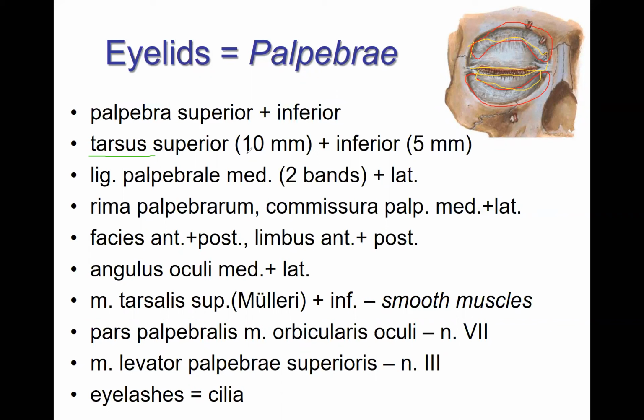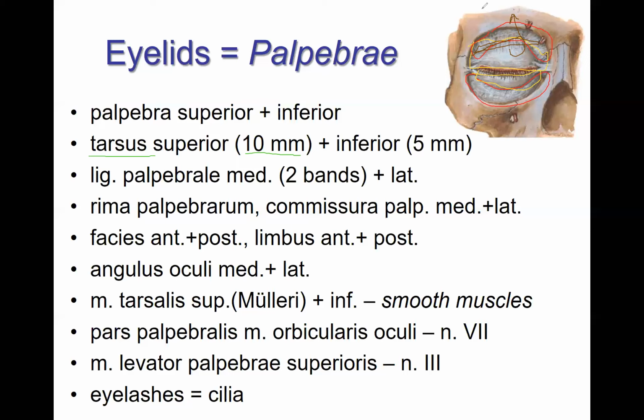The upper is twice as thick as the lower, and the upper can be everted, can be flipped, and you can flip it maybe using a match. If you take a wooden match here and you put it here, you can flip the upper lid this way, and you can look into the sac below, the conjunctival sac, and see if there is any inflammation or a foreign body.